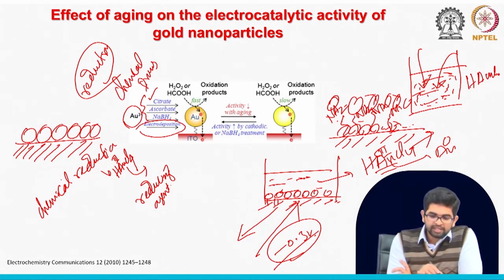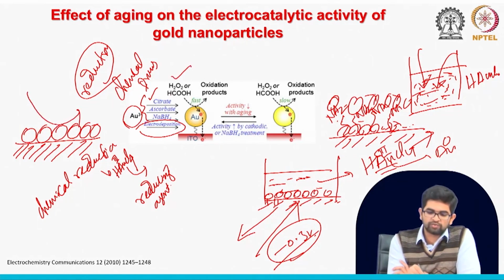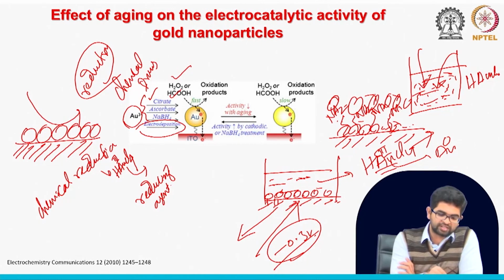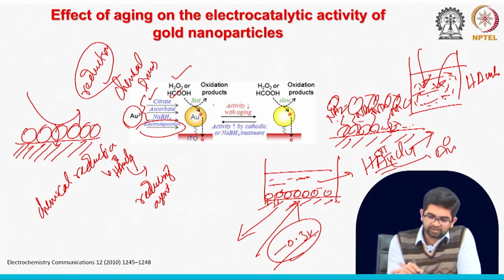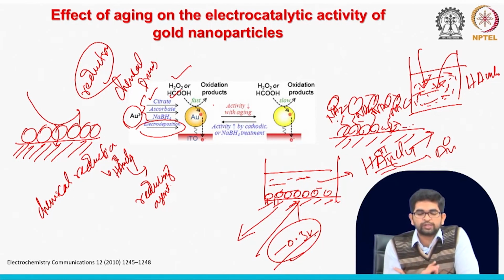Now we will try the oxidation of, like, hydrogen peroxide or formic acid. Some oxidation we will try on this sensor surface. This is a very common method. If you have the lab facility, you can check it also.